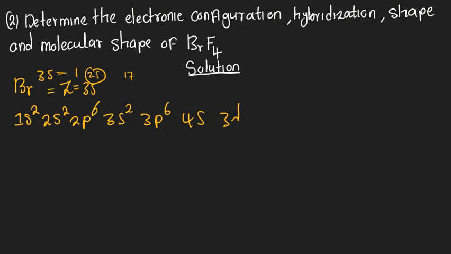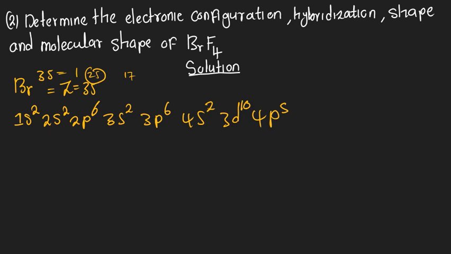This one holds 2. This one holds 10. So 2 plus 10 is 12. Then we say 17 minus 12, 5. Then the p holds 6 and we have a 5 there. So all these together is 2 plus 2 plus 6 plus 2 plus 6 plus 2 plus 10 plus 5, 35, correct.